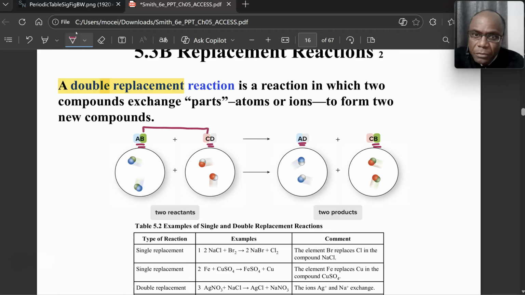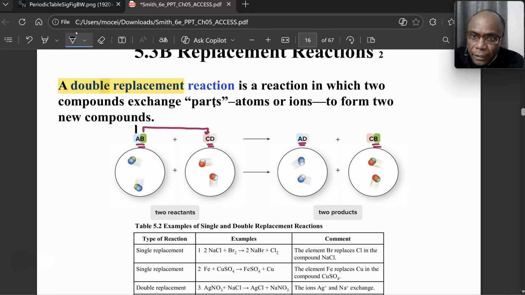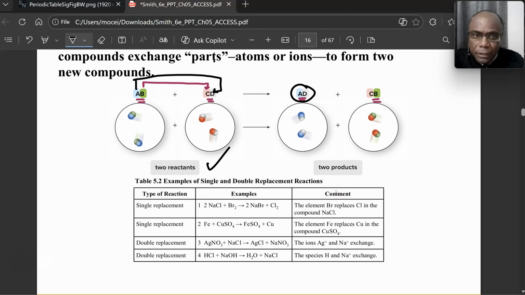So the B took the C in this case, and the A took the D to give you AD. So there's double. It's like two couples swapping husband, wife, husband, wife. Very unethical, but chemicals don't care. So you're still going to have two reactants and two products.